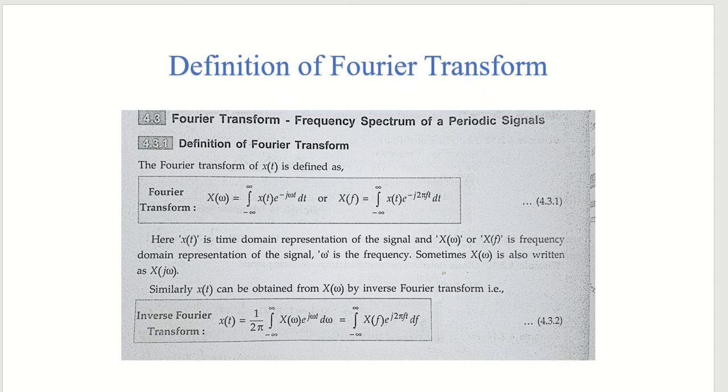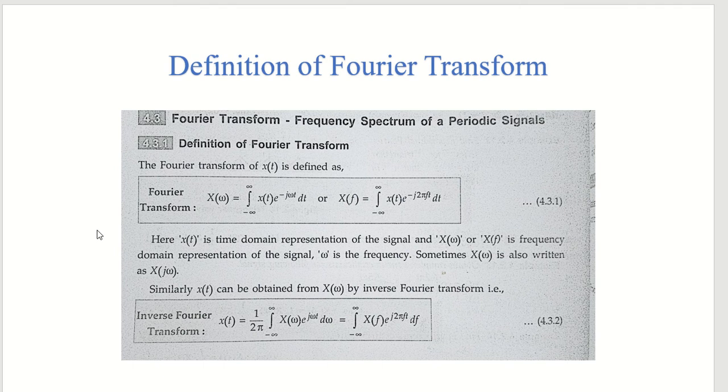So first, what is a Fourier transform? Basically, Fourier transform is a transform which allows you to move your signal from time domain to a frequency domain. And how does it do it? It can be done with the help of this formula you are seeing here.